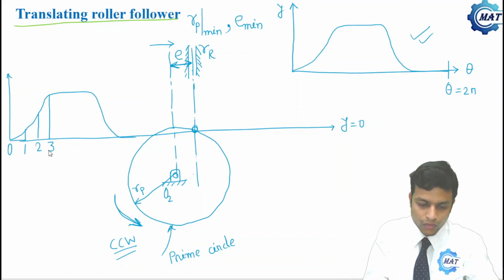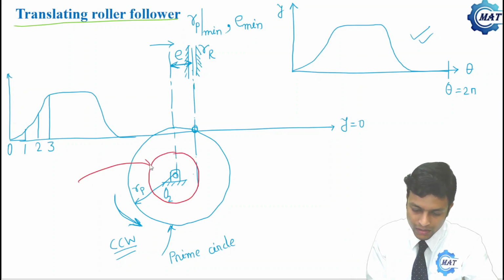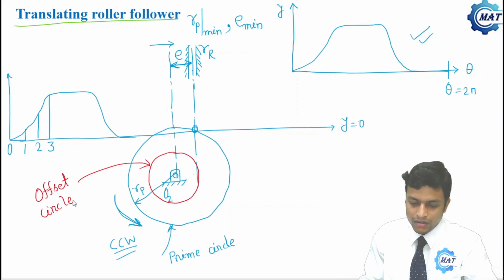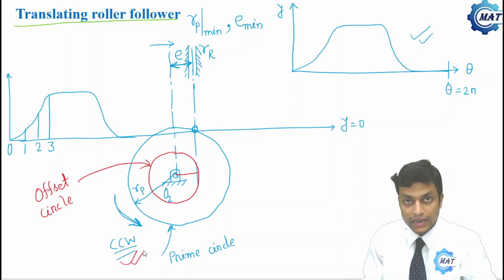Now here also we will draw the same offset circle, as this follower axis is tangent to the offset circle. So this is the offset circle. Now if the cam is rotating in the counterclockwise direction, to get the same kinematics, the inversion will be what?